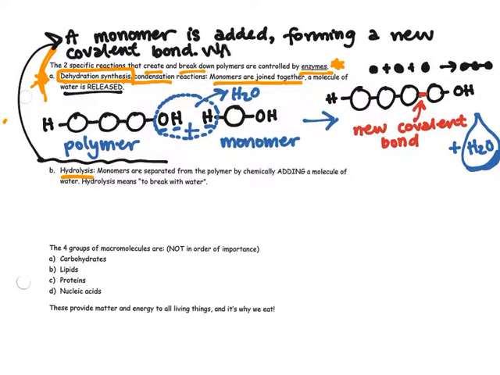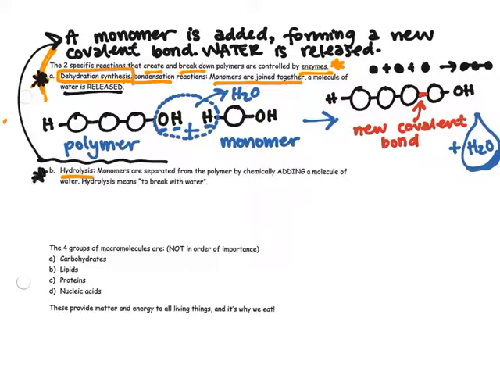As a result, water is released or produced. So we are making water as we build larger polymers. This is known as dehydration synthesis. So dehydration synthesis happens whenever we're building polymers of any macromolecule.